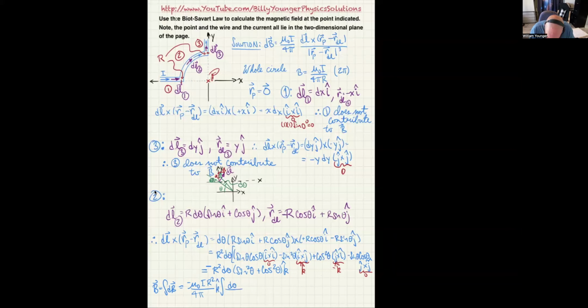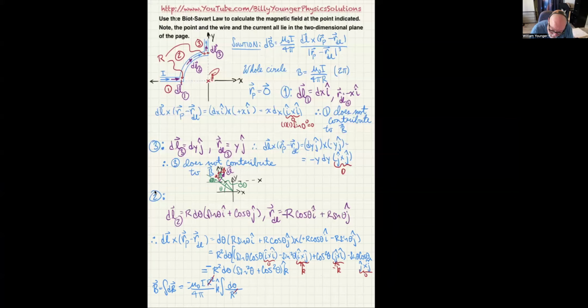And then all of that divided by the magnitude of rp minus rdl, which you can see just like we did in the last example. If you take rdl and realize that rp minus rdl is essentially just the negative of that, you're going to get that capital R is the magnitude, and since it's cubed, we have to put capital R cubed down in the bottom. You can see that that cube cancels out with this 2 up here.